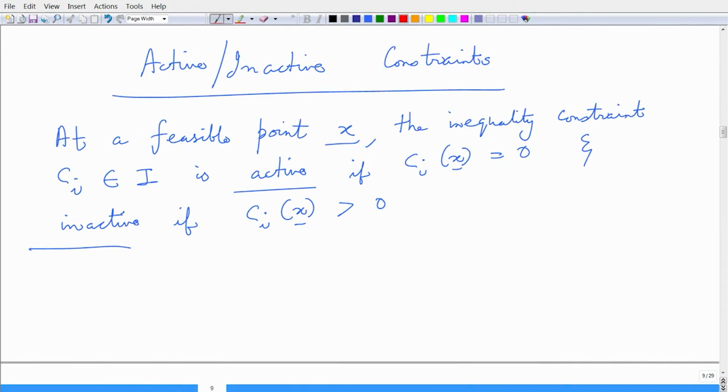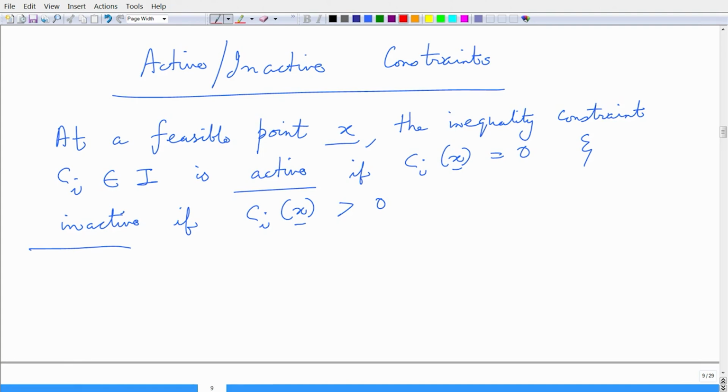There is also this notion of active and inactive constraints. So, at a feasible point x, the inequality constraint Ci belonging to I, capital I, where I is the inequality constraint set, is active if Ci of x is equal to 0 and inactive if Ci of x is greater than 0.